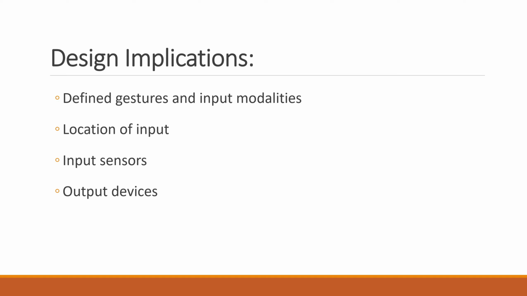We've also can lead to define the different input sensors and what types of sensors they need. Are they rotating? Are they force? Are they pressure? Or what types of sensors need to be designed to collect the types of input? And also what types of output devices can be able to show what the results are.